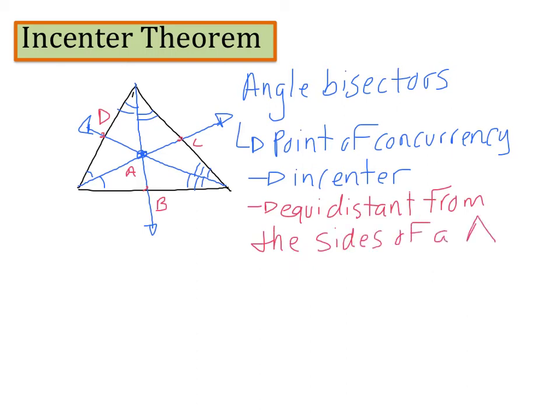This is different from the perpendicular bisector. The perpendicular bisector was equidistant from the vertices. The point of concurrency for angle bisectors is equidistant from the sides. So that means that here in my diagram, the length of AB is congruent to the length of AC, which is congruent to the length of AD.